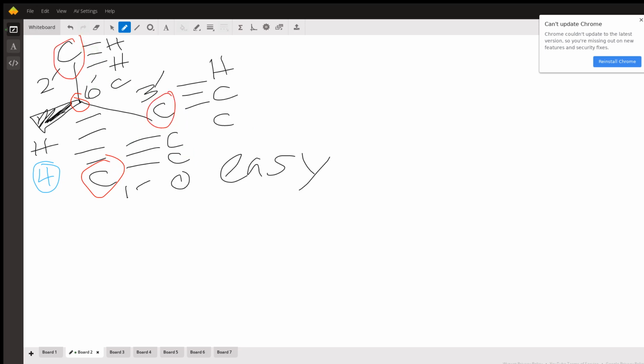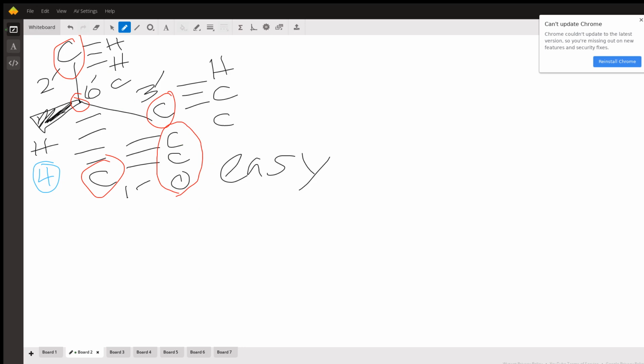If we go a little further, we can see we have an oxygen. Carbon 1 star is connected to an oxygen and 2 carbons. Carbon 3 star is connected to 2 carbons and a hydrogen. Carbon 2 star is connected to 1 carbon and 2 hydrogens. So we can see that carbon 1 star is going to be the highest priority, and the easiest one to designate because you don't have to go any further.